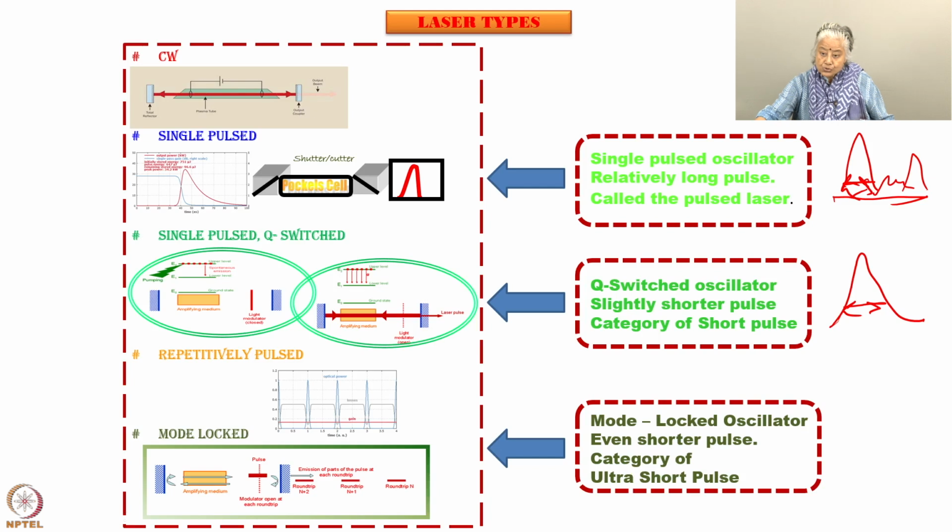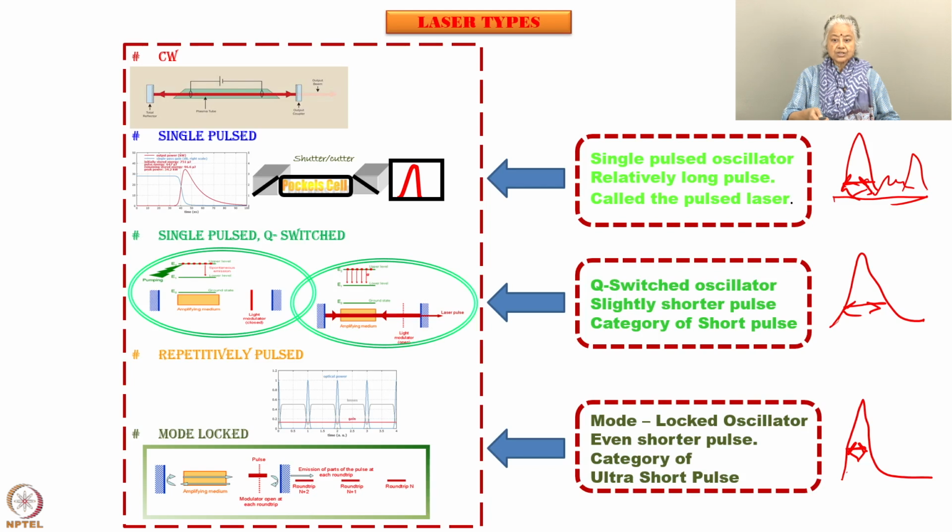You will soon come to know what I mean by short pulse and ultra short pulse. Basically, I will give you some exact figures which tell you whether to call it a short pulse or a long pulse or whatever you like. So, this was the summary of my previous lecture.